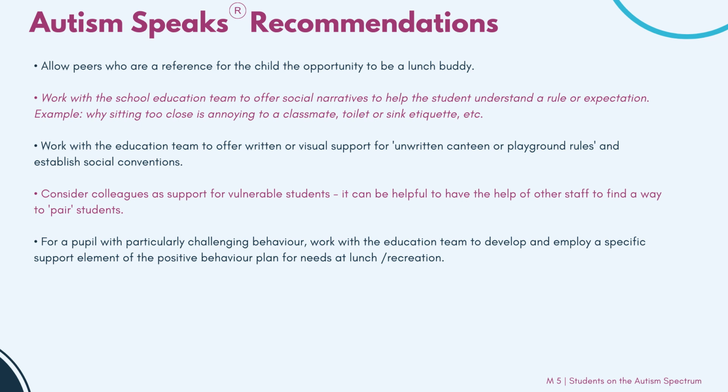Consider colleagues as support for vulnerable students. It can be helpful to have the help of other staff to find a way to pair students. For a pupil with particularly challenging behavior, work with the education team to develop and employ a specific support element of the positive behavior plan for needs at lunch or recreation.